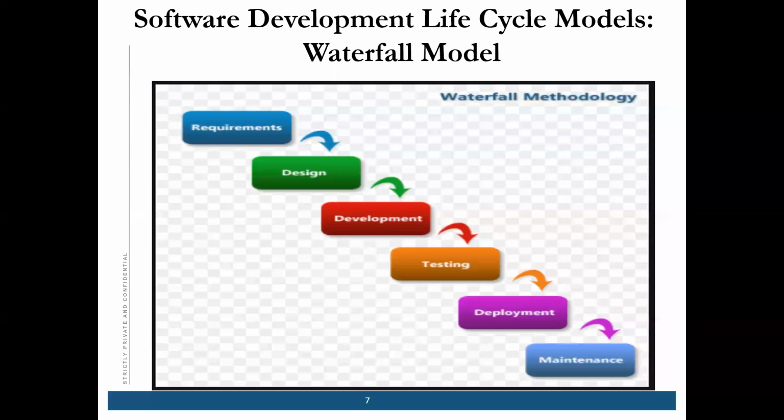Now let's talk about the waterfall model and understand how it works. It is a traditional model, a sequential design process often used in SDLC, in which the process flows downwards, like water falls. It includes different phases such as requirement gathering, design, coding, testing, installation, and maintenance.